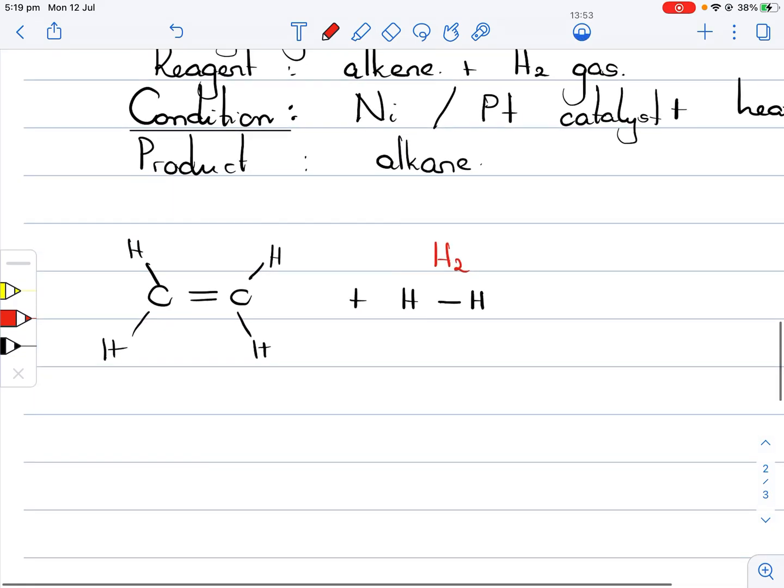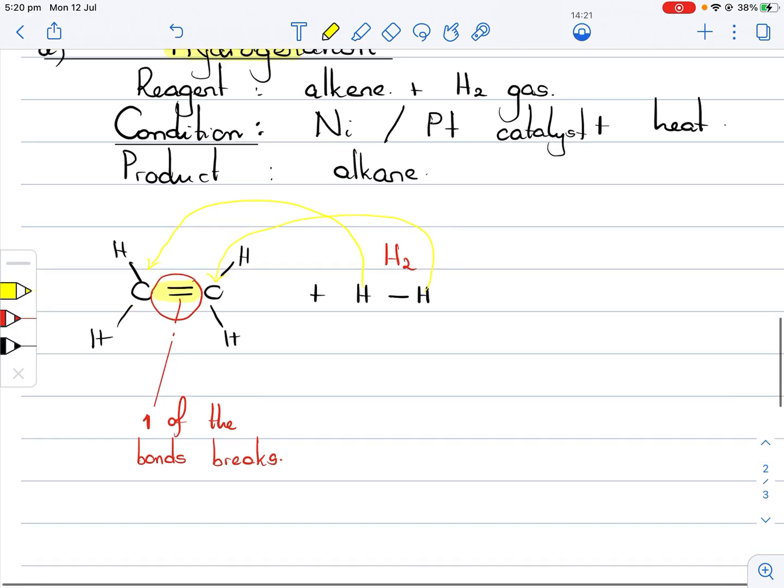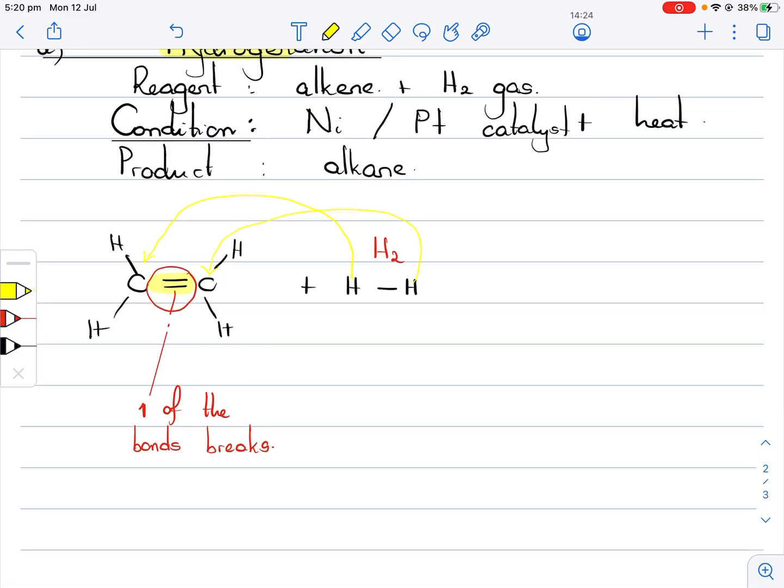Of the 2 bonds that we have here, one of the bonds breaks. And when it breaks, each carbon that is part of the double bond is going to receive a single hydrogen atom.